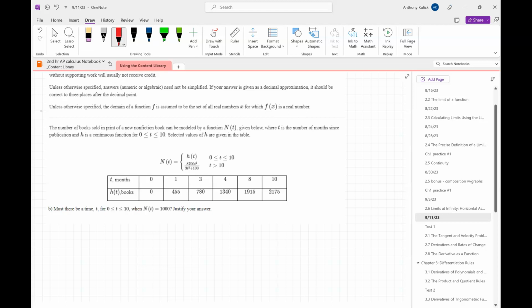H is a continuous function. So n of t is just h of t for 0 to 10, right?